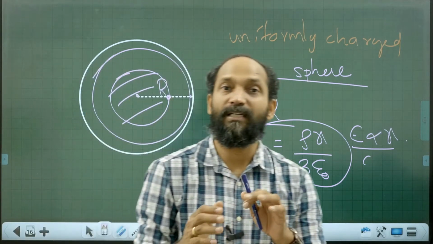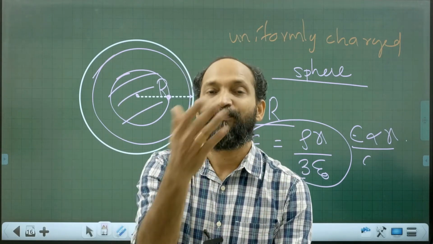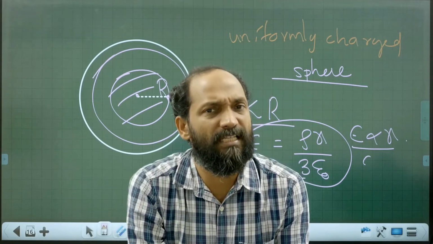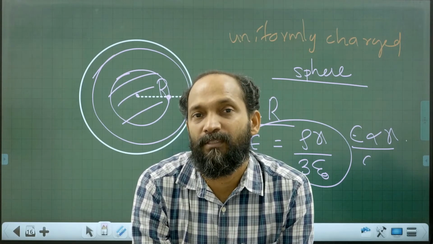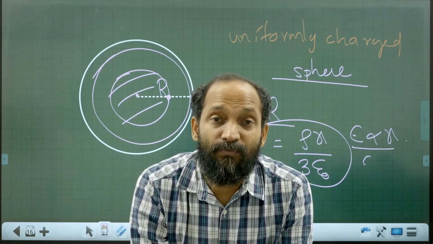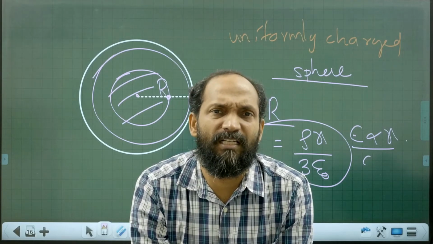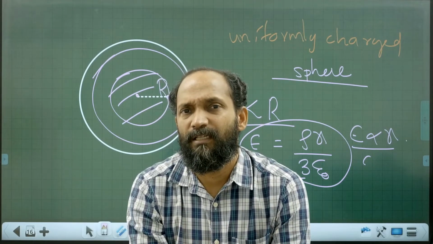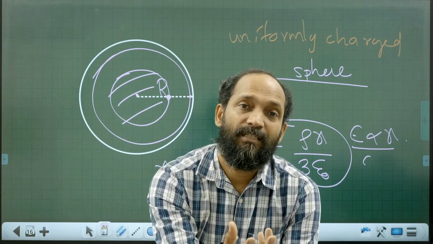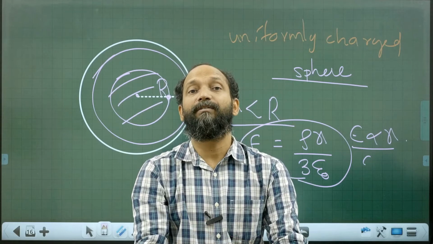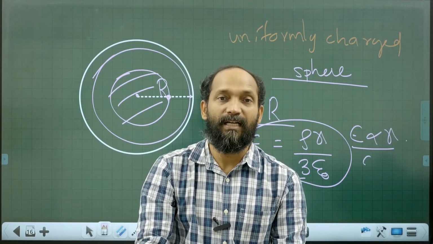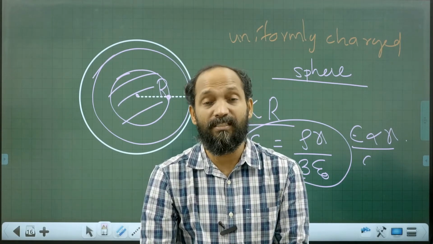If you have a charged conducting shell, what is the field inside? Electrostatic shielding that we have learned, a very popular concept. A charged conductor with a cavity inside. You have a charged conductor and it has a cavity inside. That cavity carries no charge. Then the field inside that cavity is 0. A charged conductor, cavity free of charges, field is 0.